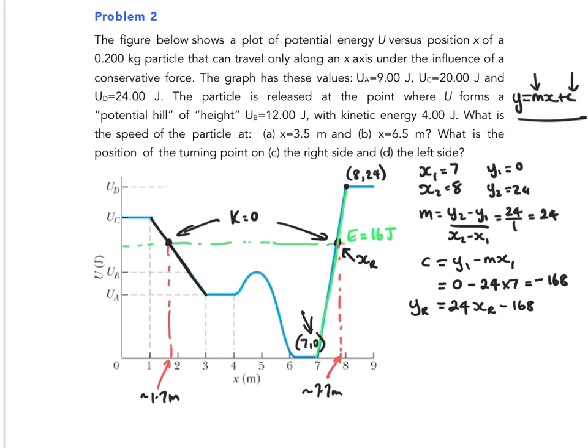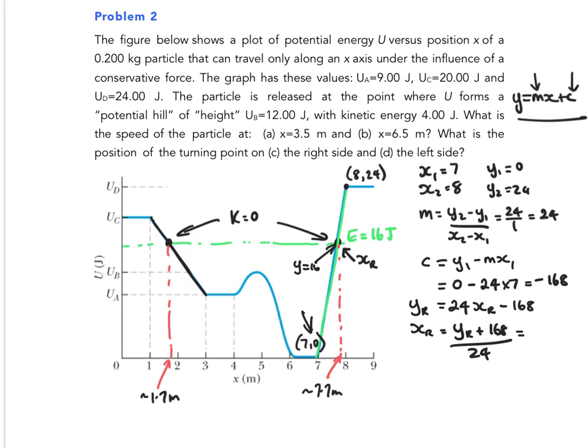So we can rearrange this for XR, and we get XR equals YR plus 168, all divided by 24. Now YR in that position for XR is 16. We know that at this point the y coordinate is 16.